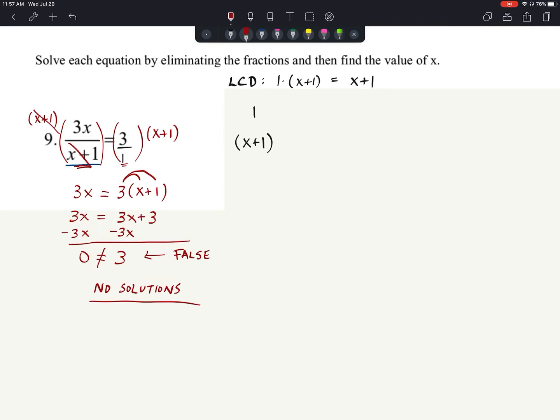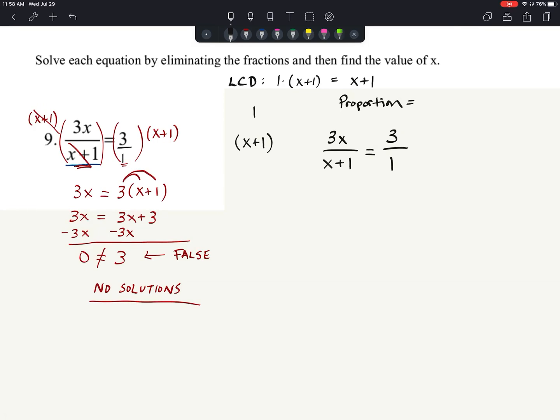Okay, now that's just one way of doing it, and that's just doing it the same way we've been doing all the rest. Now you may recognize this as being a fraction equals a fraction. If I take that 3 and put it over 1, when you have a fraction equals a fraction, or a ratio equals a ratio, this is the same thing as a proportion.